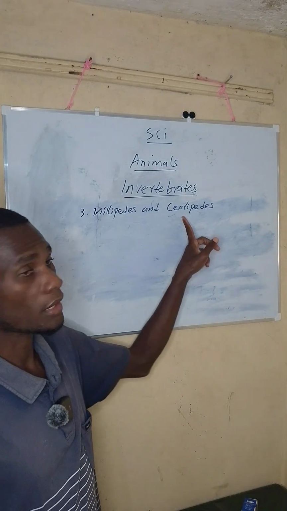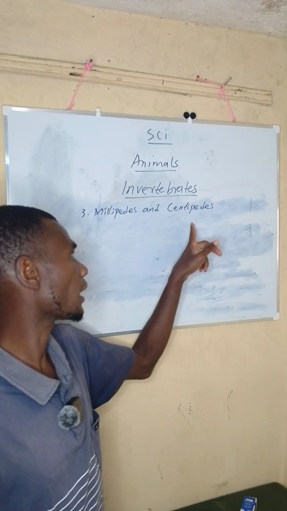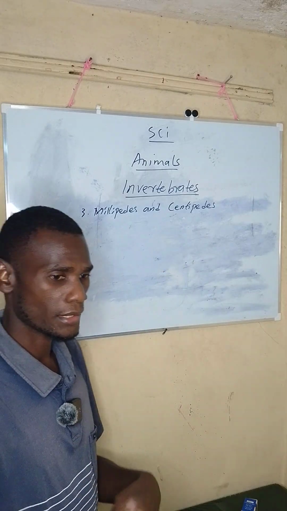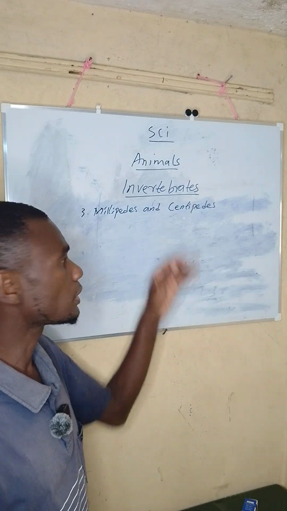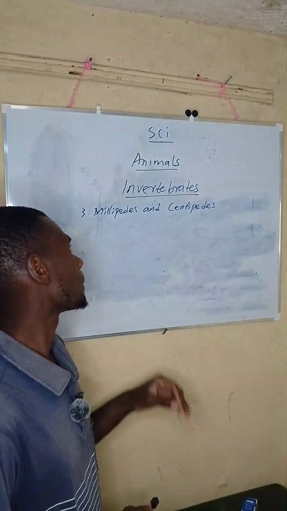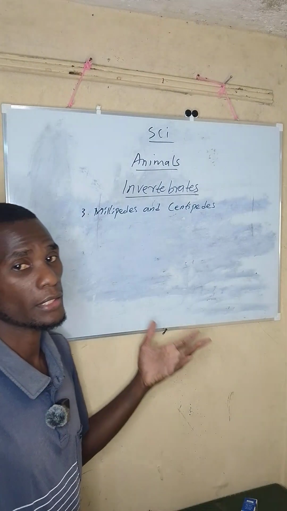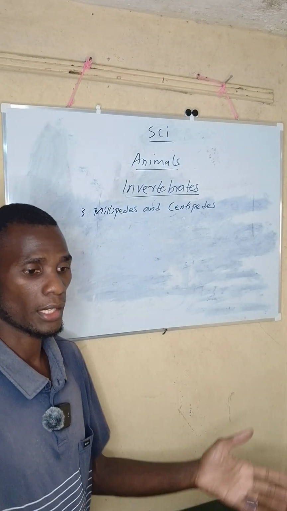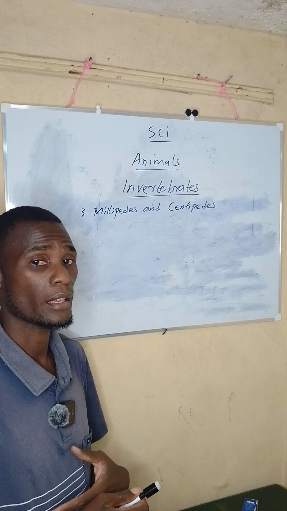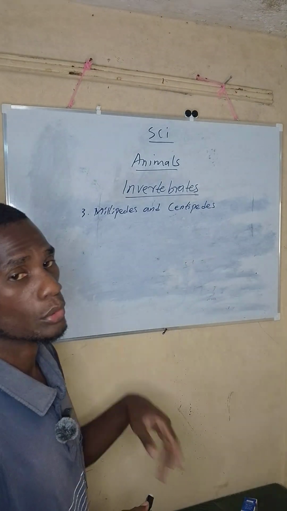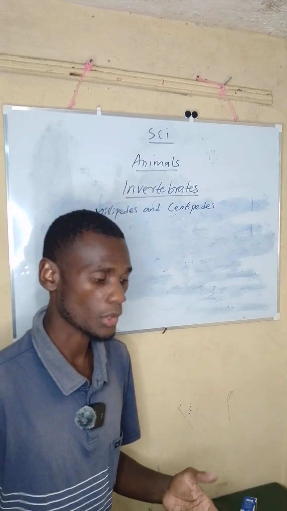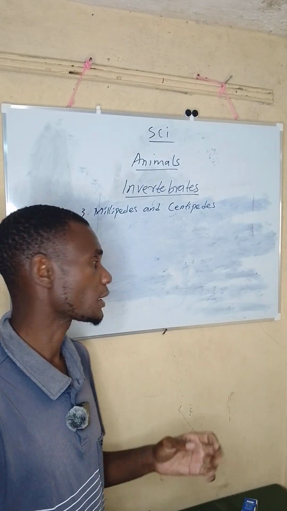The centipede is very difficult to see because most of the time it hides under the soil or under the rocks. So seeing it is very difficult. Millipedes, sometimes you might be lucky to find it walking around, especially during rainy seasons. But this one, no.